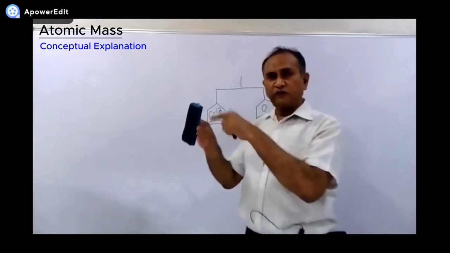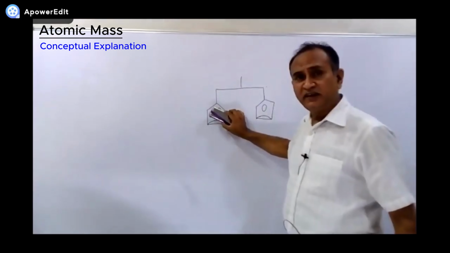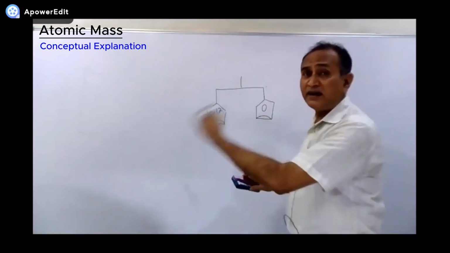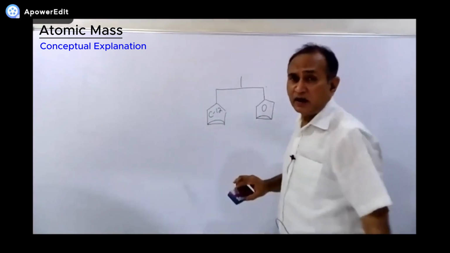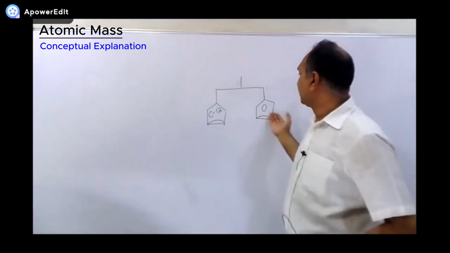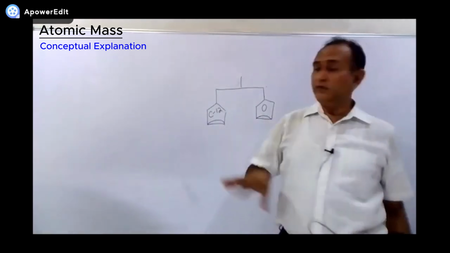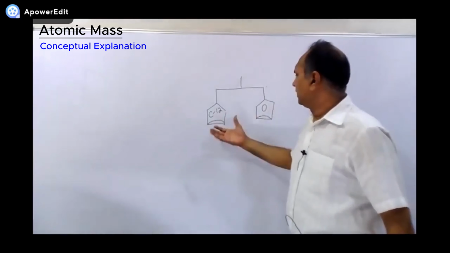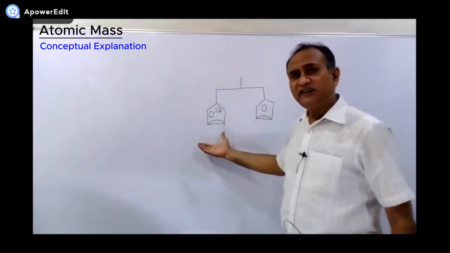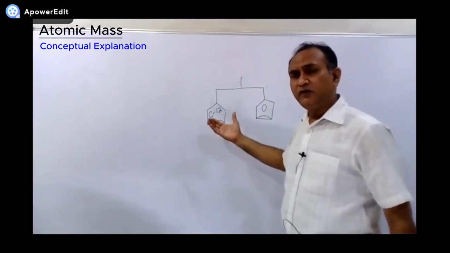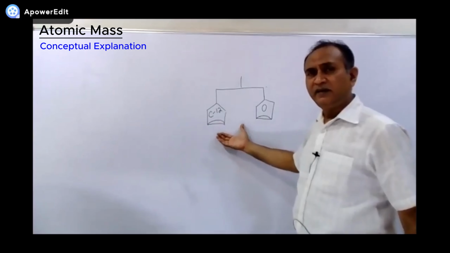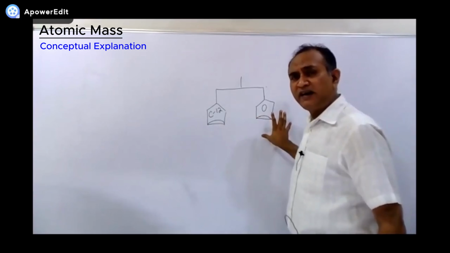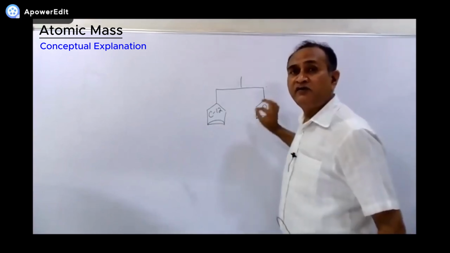In one pan we put this duster, and in the second one we put the thing whose weight we are going to find out. For example, I am putting my cell phone here. I say that 5 dusters are balancing a single cell phone. So what would be the mass of my cell phone in this system?